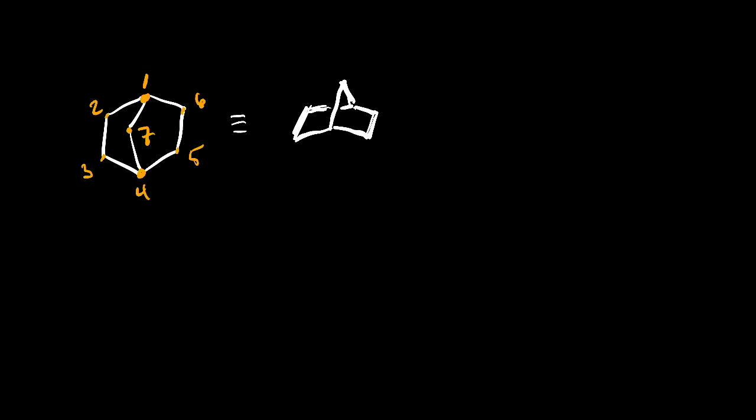How many cuts do you need to make to this structure to make it just a straight 7-carbon chain? If we redraw this, how many bonds do I have to cut to make this a 7-member chain? I can just show you. If I just take that one out, I still have a cyclic compound right here.